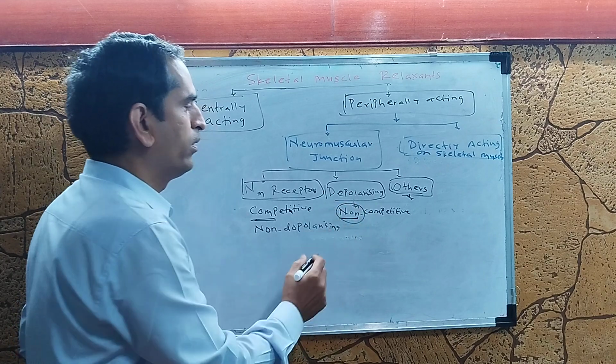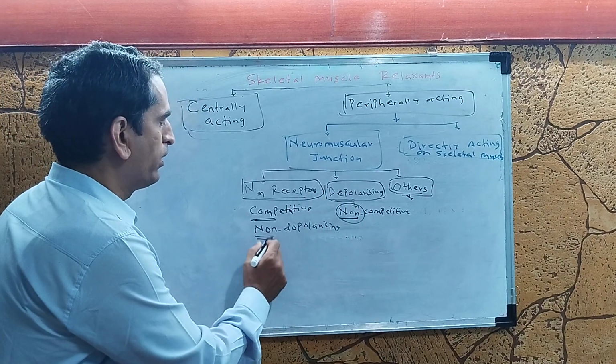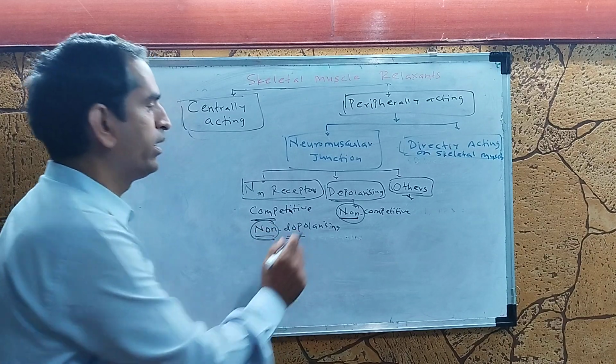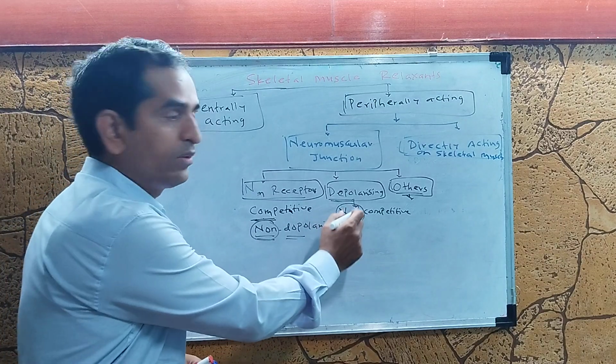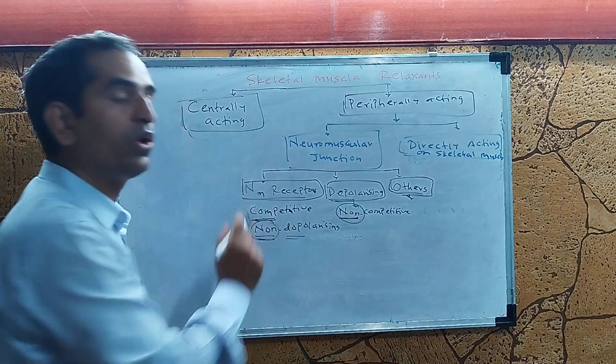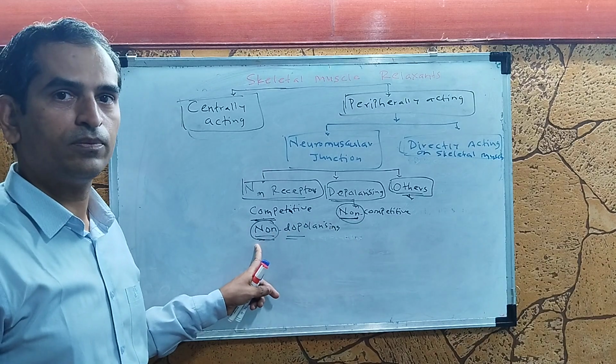Here there is a non, but they are depolarizing in nature. Here there is a non, but they are non-depolarizing in nature. So these are competitive, these are non-competitive. These are depolarizing, but these are non-depolarizing. So one non is here, one non is here.